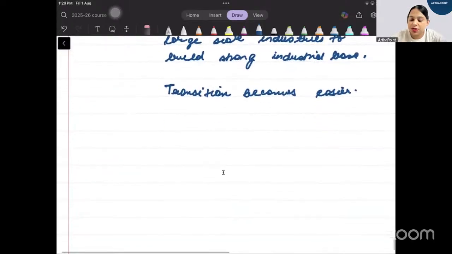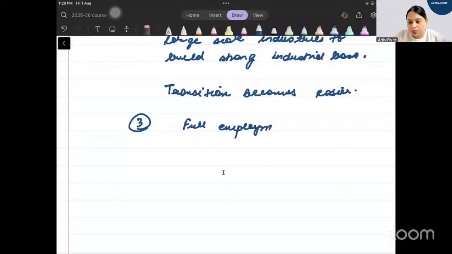Right. Third, full employment. You can ensure that the labor is fully utilized. You can remove disguised unemployment because now everything is under you, right? You can ensure those policies which lead to employment generation, right? And then you can actually generate employment for people and make sure that everyone is employed, right?